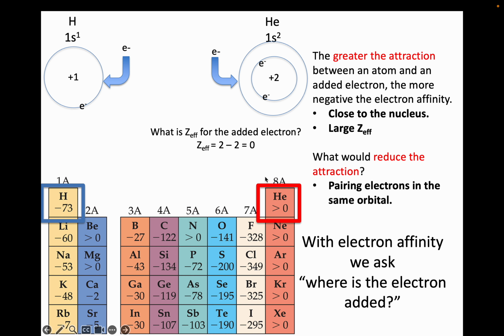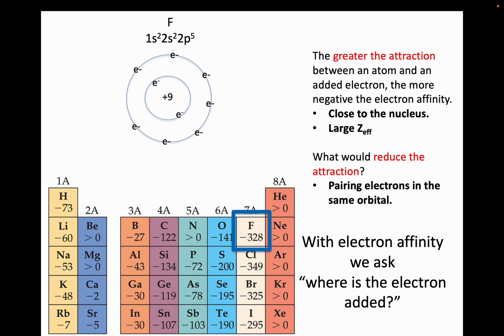That's why we have this positive value for helium, and the same reasoning applies for any of our noble gases. We would always be adding the electron to a higher principal quantum number, and the effective nuclear charge would be 0 in each case. How about something like fluorine? Within fluorine, we have a high effective nuclear charge for the electrons initially there.